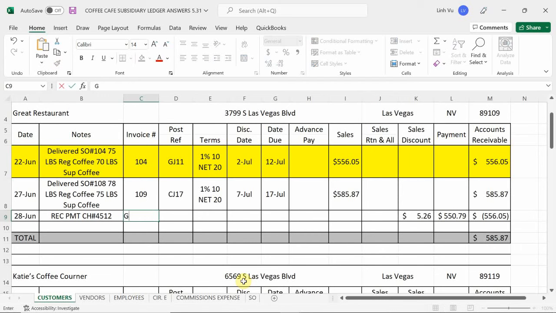And it's invoice 104. And then page general 18. Okay, good. And then now we know the general journal.